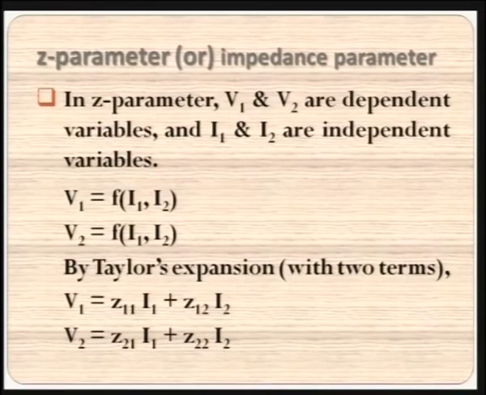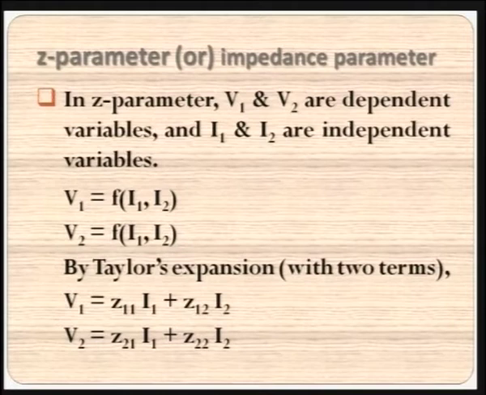So, y is taken on the left hand side and x is taken on the right hand side within bracket. So, we write that as a function of x. The same way here also we need to take 2 as dependent and 2 as independent. So, independent variables will appear on the right hand side within bracket and dependent variables will appear on the left hand side, like y in the expression y is equal to f of x.